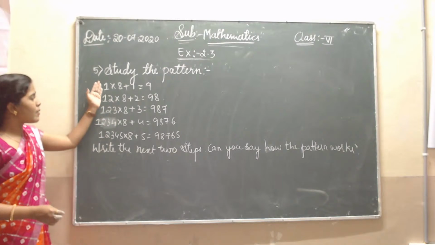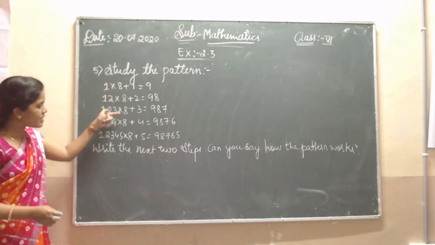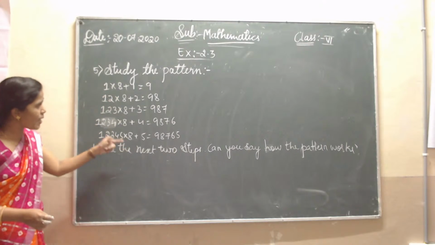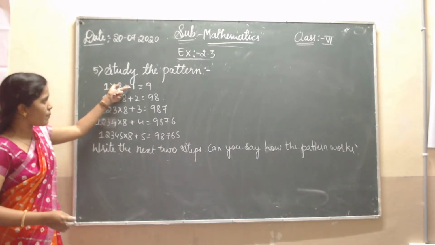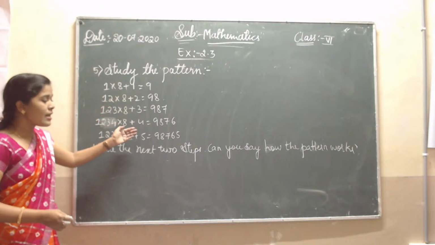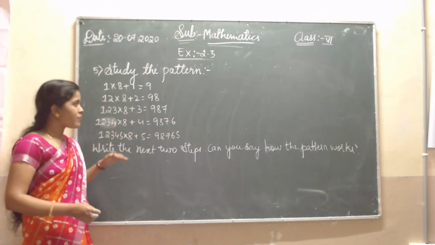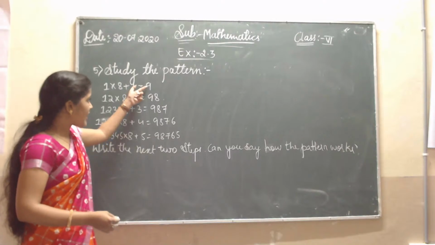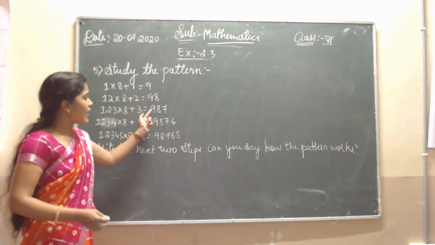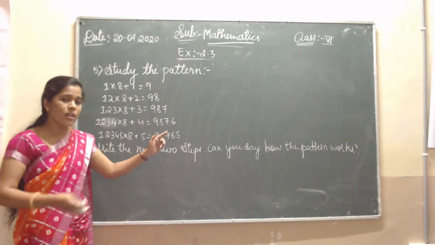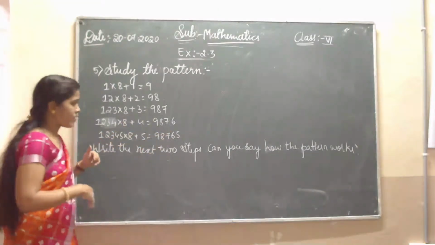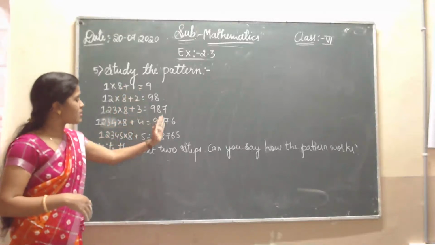Here one number is increasing, the 8 in this column remains the same, and here it increases by 1, continuous numbers 1, 2, 3, 4, 5. Next two steps are 6 and 7. Here 9, 98, 987, 9876, 98765 goes in reverse. Is that going in reverse? Continue.